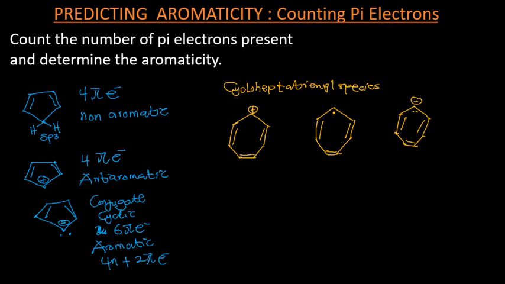So if we take the first one, we have 6 pi electrons in there. There is a pi bond, a pi bond, a pi bond. I know that in each pi bond we have two electrons there. So 2, 4, 6, that is 6 pi electrons.